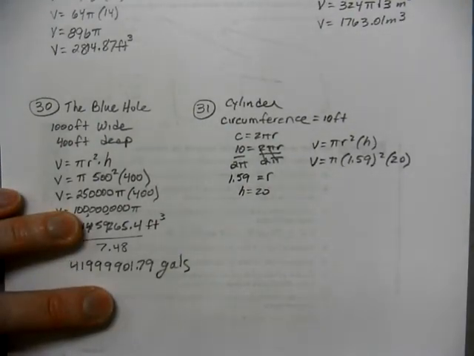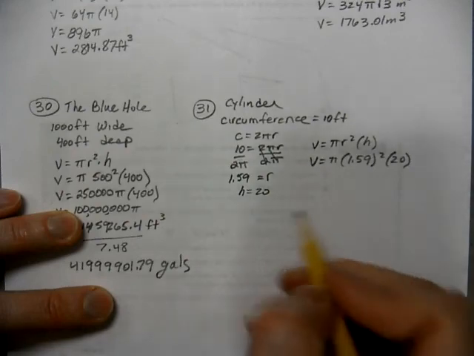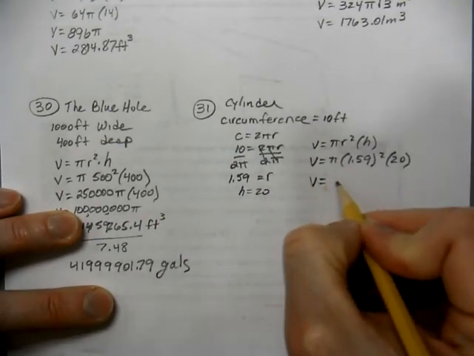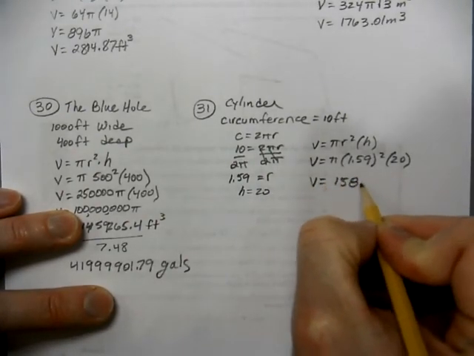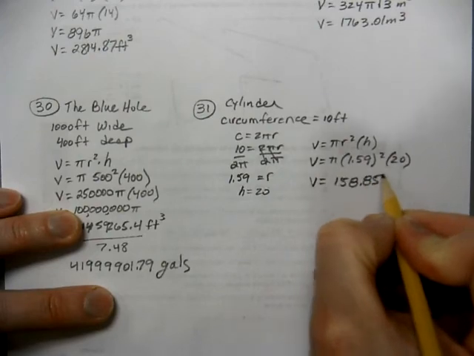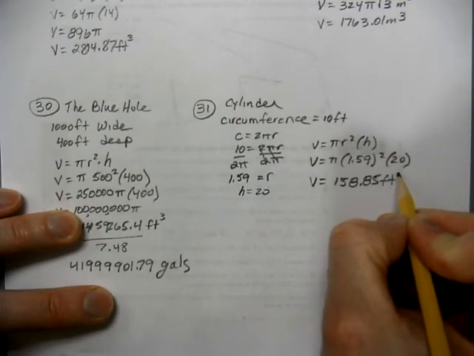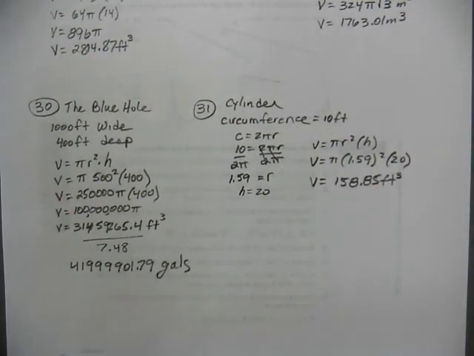So if we take our number and square it, times that by 20, and times that by pi, that's the volume.